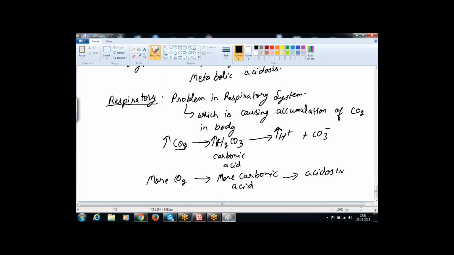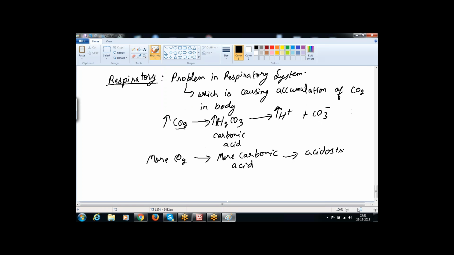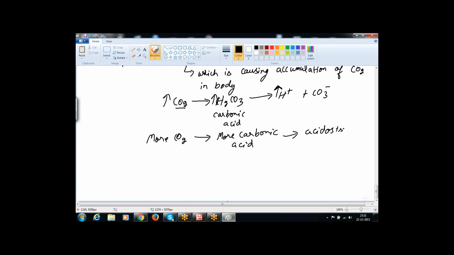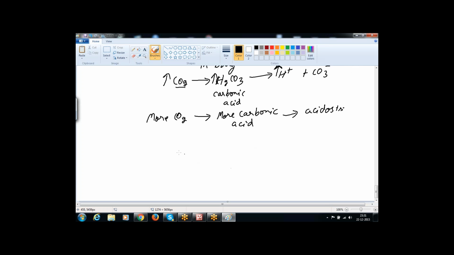So if our respiratory system is not helping us breathe properly and not exhaling a good amount, carbon dioxide will stay in the body and become carbonic acid. More acid forming simply means acidosis will happen. This is respiratory acidosis.